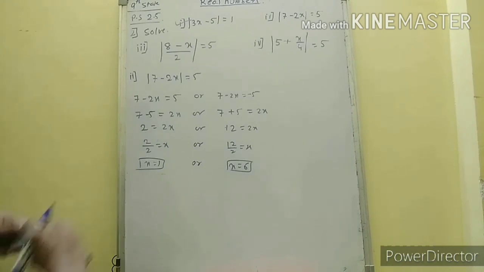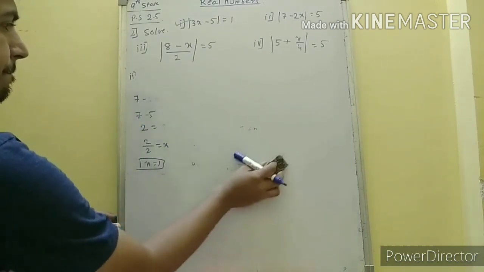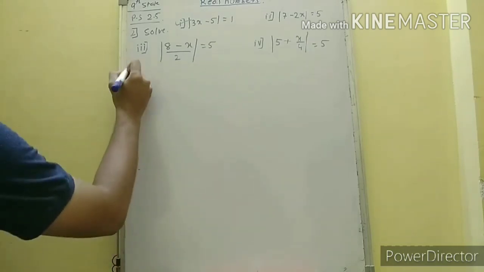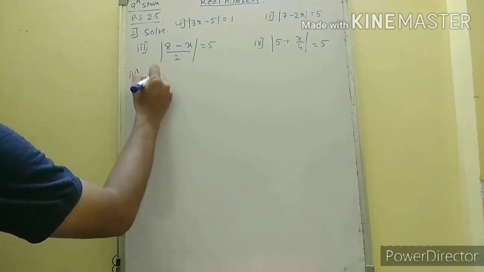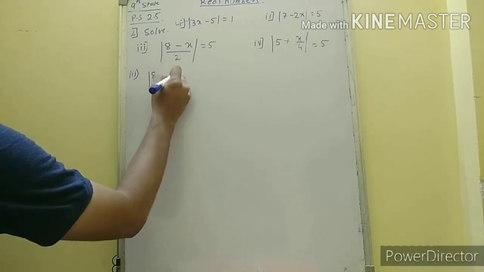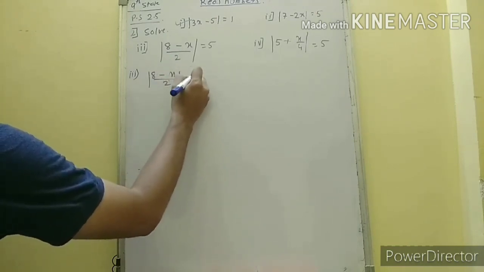Now the third one. Modulus of 8 minus x upon 2 is equal to 5.